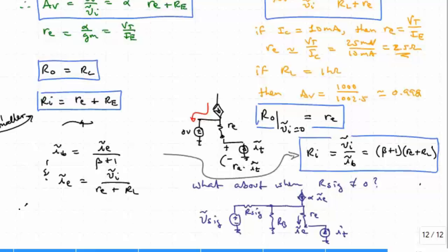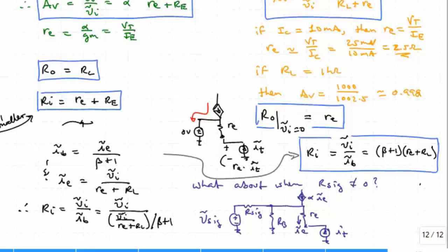So therefore we can say that RI, which is VI over II or IB, is equal to little VI over, and now we have little VI over re plus RL, and that whole thing divided by beta plus 1. When we're all done with that, the VI's cancel, and we end up with beta plus 1 times re plus RL. So we see that the input resistance is actually a function of the load that's connected.